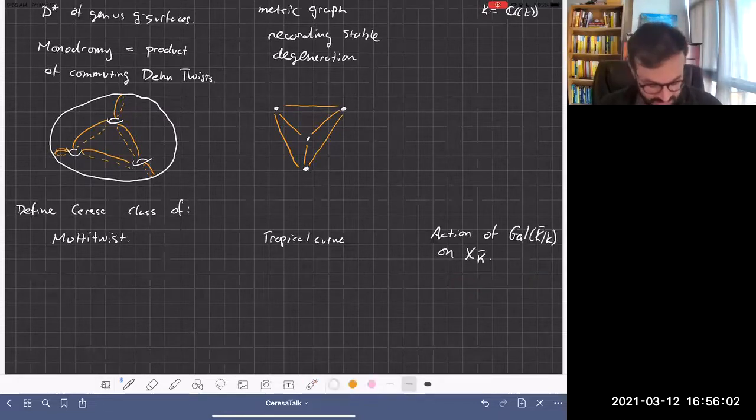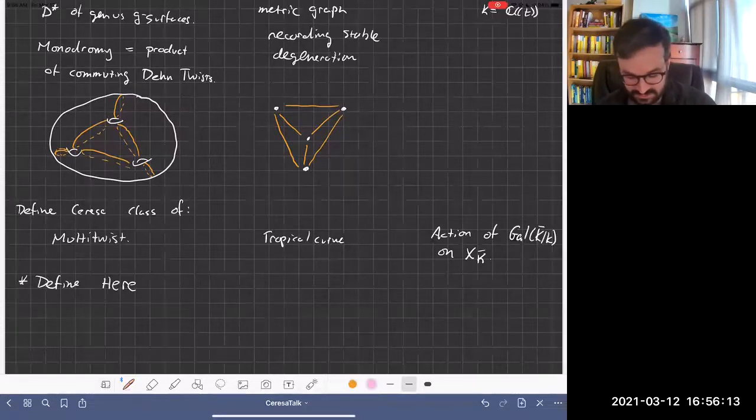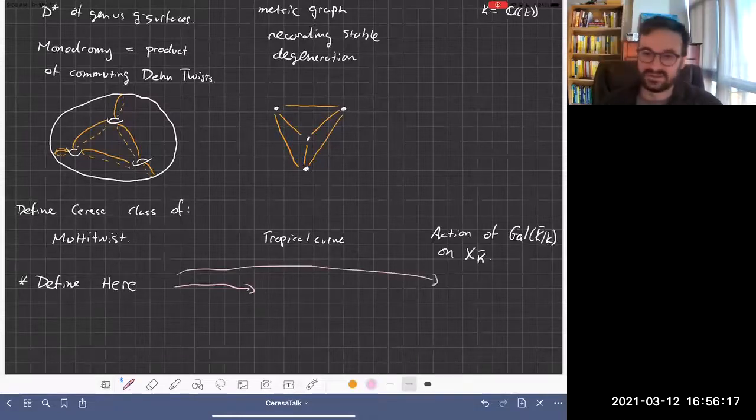So the plan now is to define the Ceresa class here first, and then show how it induces Ceresa classes in the other two settings.